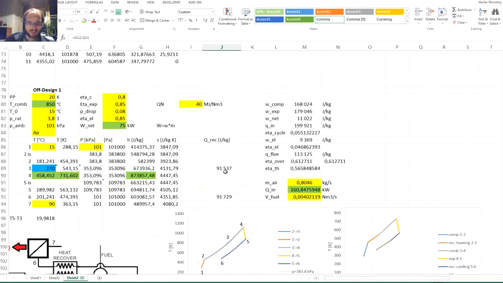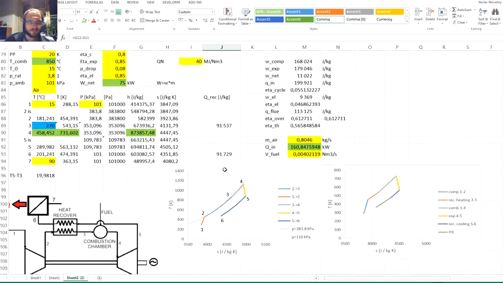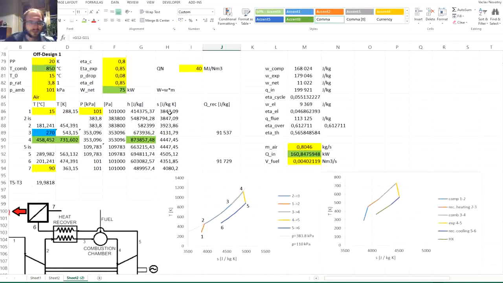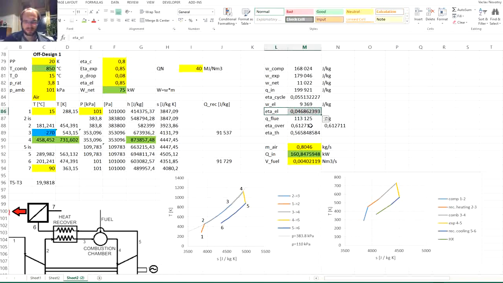Now the recuperated heat is less than 100 kilojoules per kilogram. What is the result of that? Well, the most important result is probably in here, in the electrical efficiency, or efficiency of the cycle, which fell from values about 30% to just about 5%.